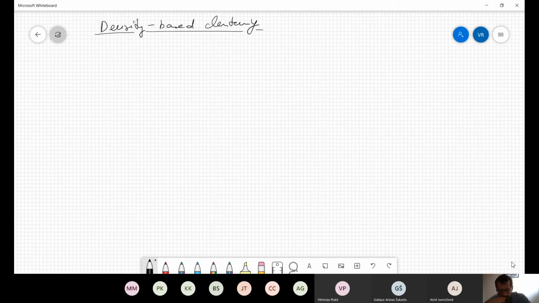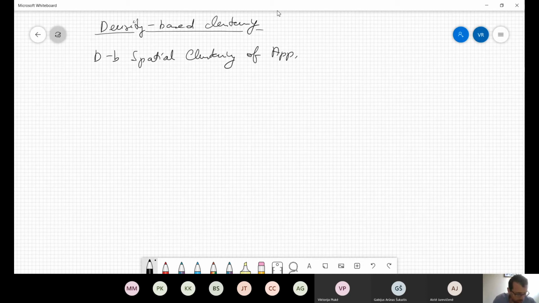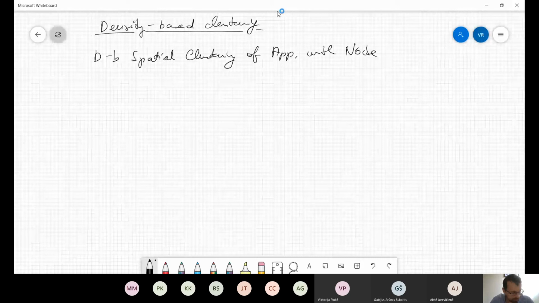So the most well-known and most frequently used is so-called density-based spatial clustering of applications with noise, right?